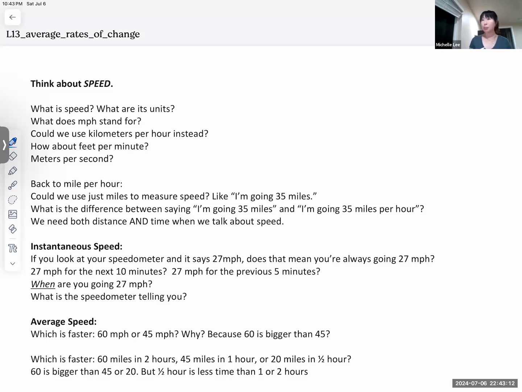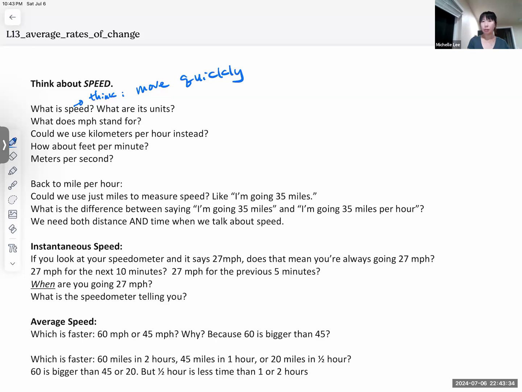Okay, so what is speed? Speed is how quickly an object moves, how fast it is going.